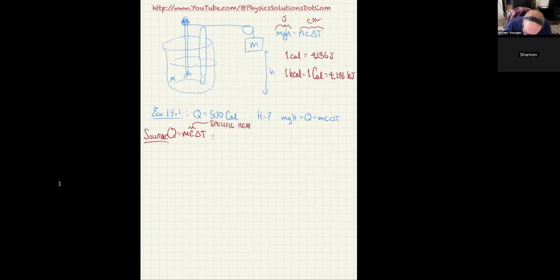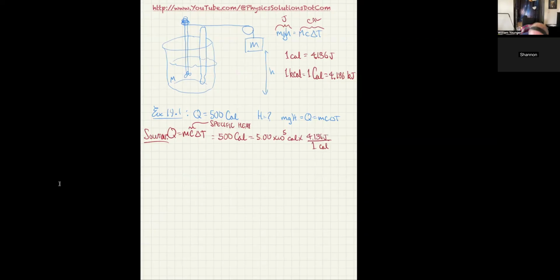Q is 500 calories, which equals 5.00 times 10 to the fifth lowercase calories. And then we're going to use a conversion factor that one lowercase calorie is equal to 4.186 joules.